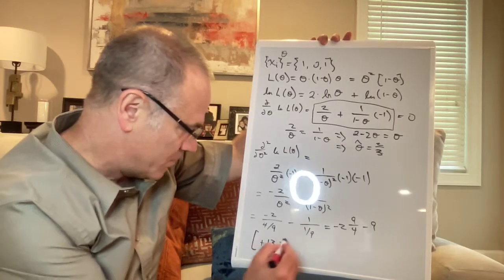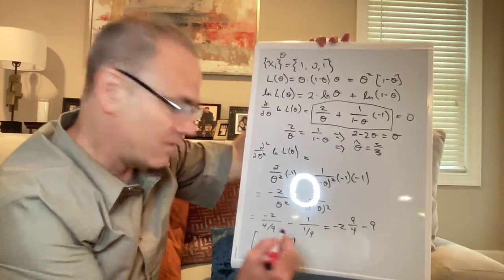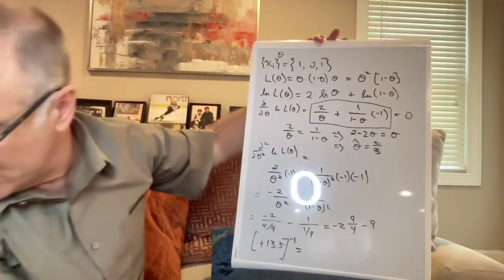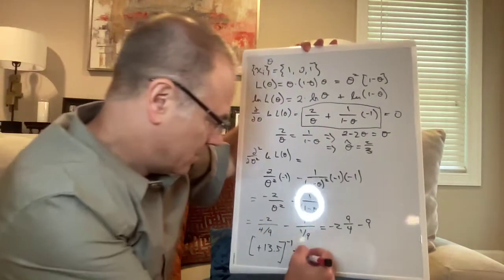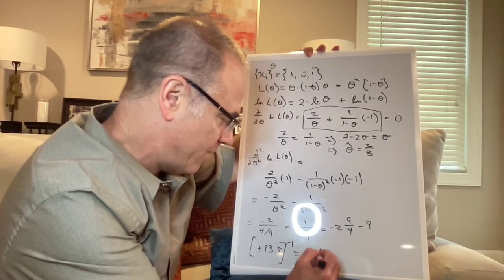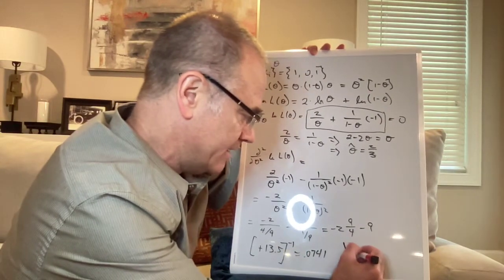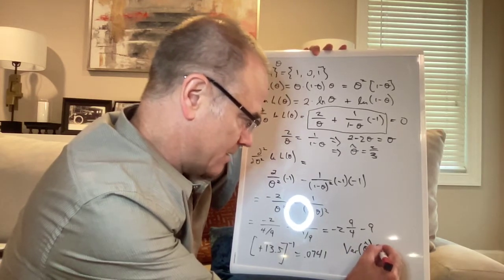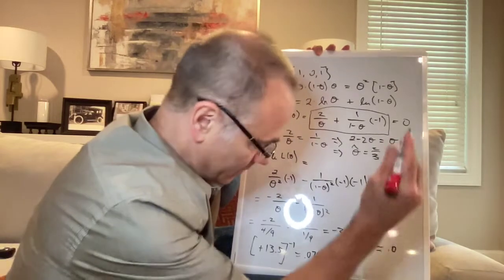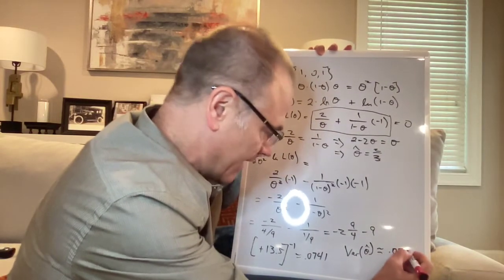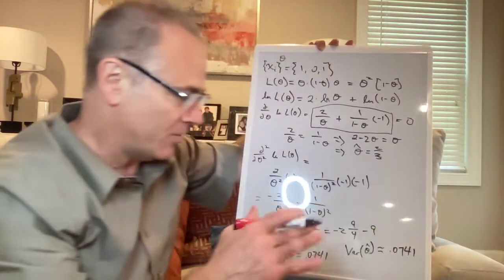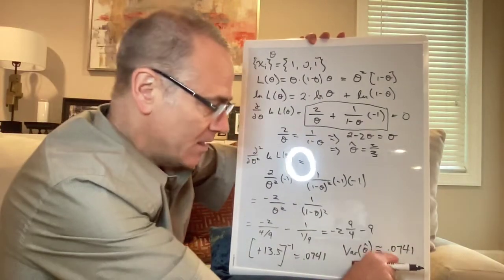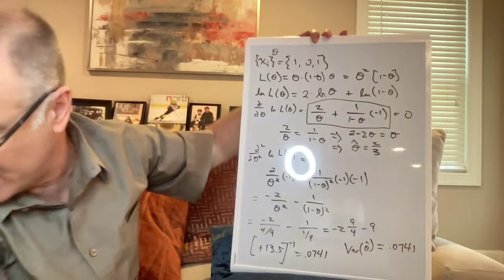Then, remember, we took the inverse of that value, and that equals about 0.0741. So the variance of theta hat is approximately equal to 0.0741. Asymptotically it would exactly equal, but we know that a good estimate of the variance of theta hat is that 0.0741.